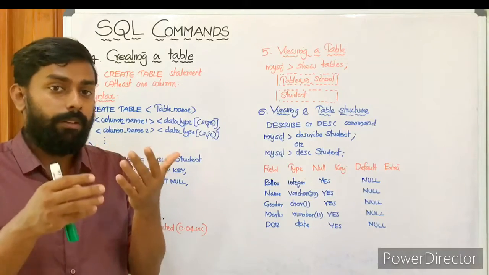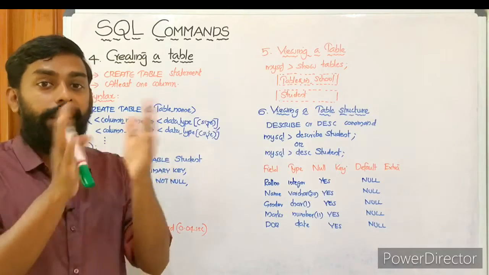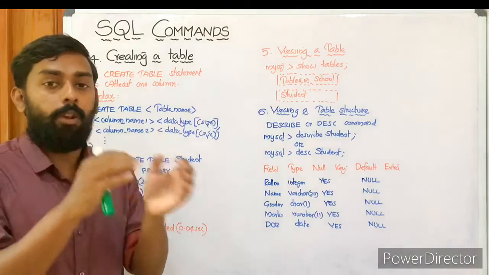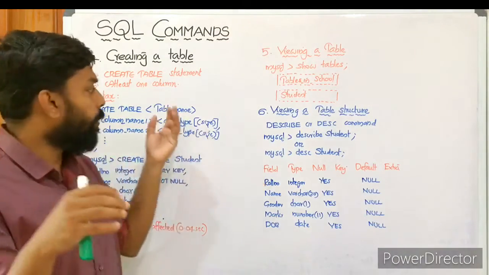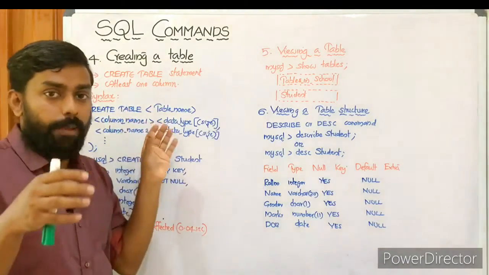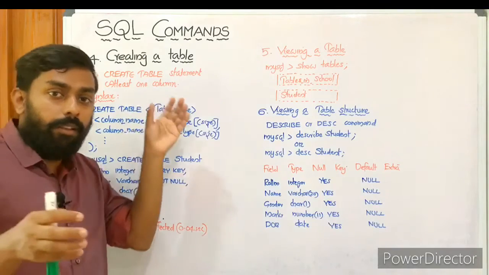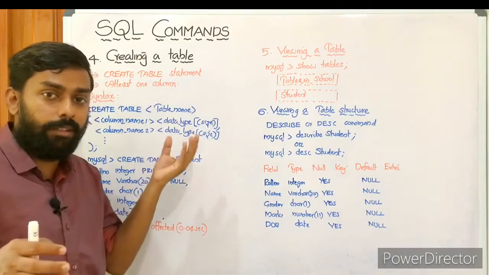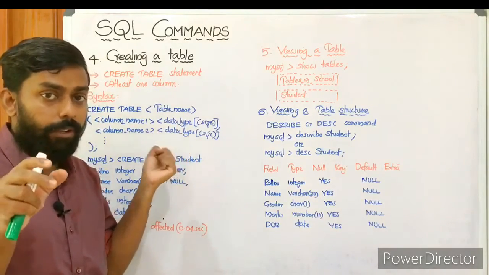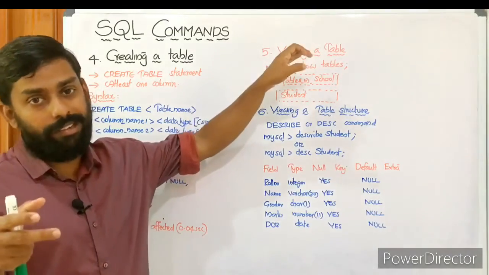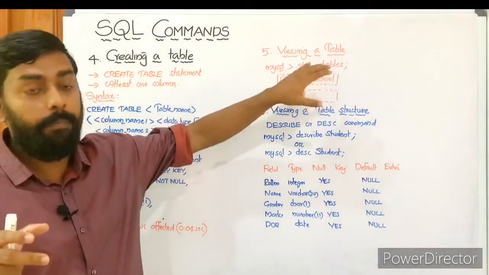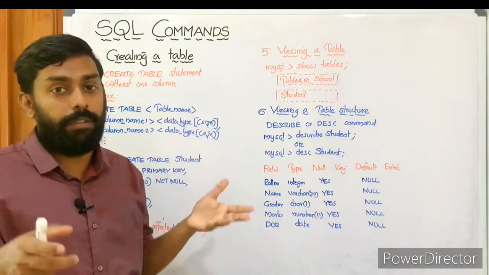You can drop a database as well, just like creating a database, create database name, drop database name. Then we created a table using create table, giving all the column names and corresponding data types. Then we viewed the table, and the structure of the table as well.